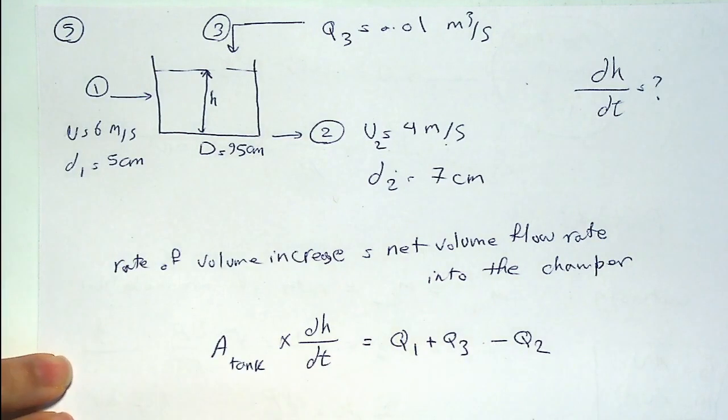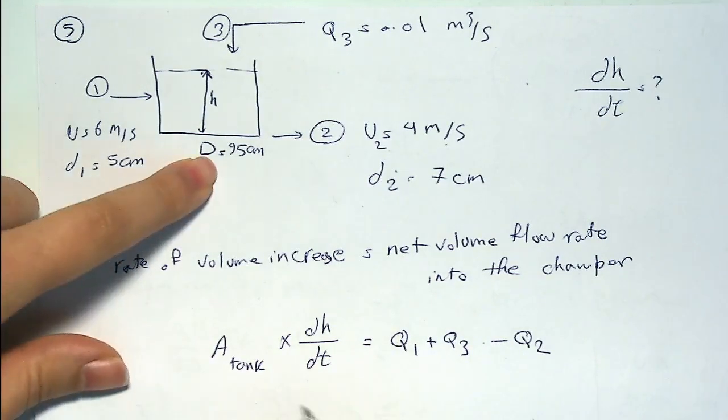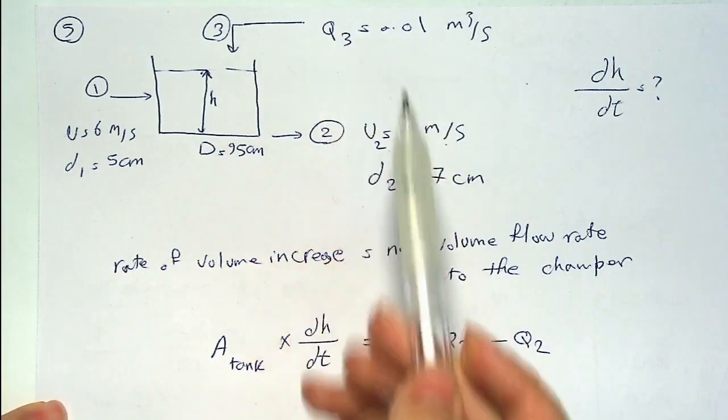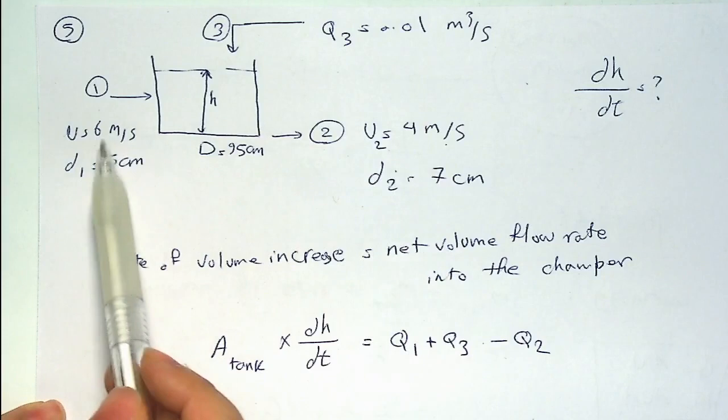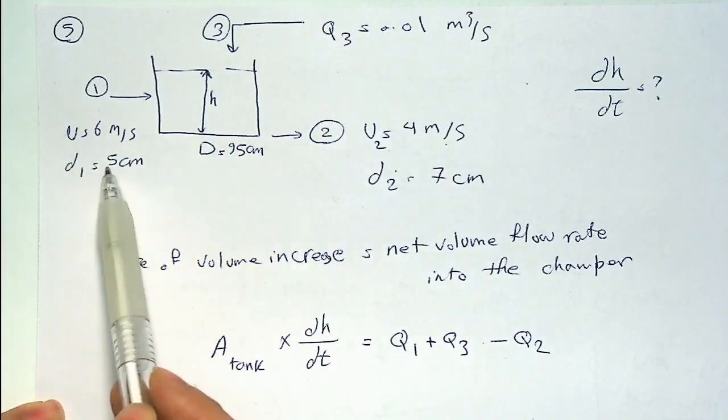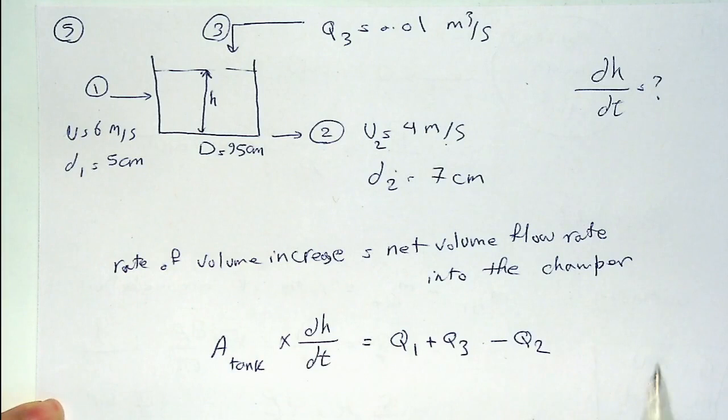So now I have everything. I have the diameter of the tank, so I have the area of the tank, and Q3 can be directly used. For the other two sections, I can use the velocity multiplied by the area to calculate the Q's. And by having those, I can finally calculate dH over dt.